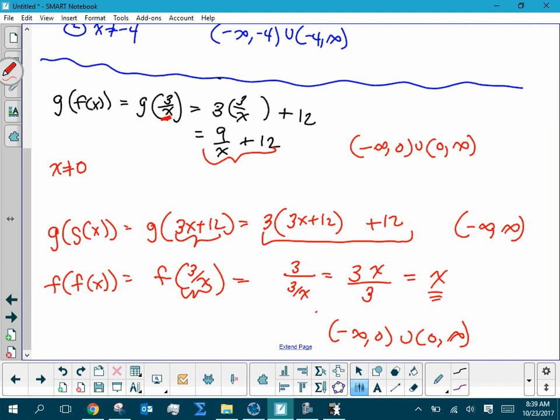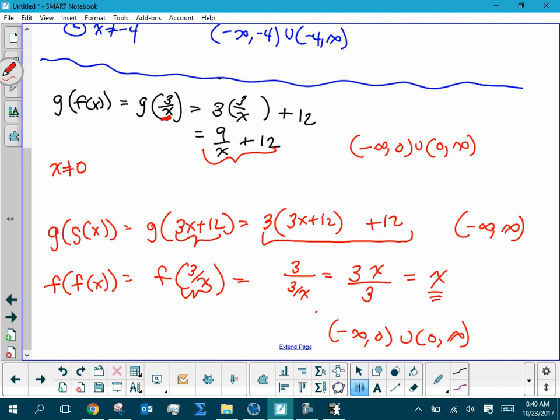Yes? Is there a reason you didn't distribute 3 into your parentheses? Just being lazy. Yeah, so you can go 9X plus 36 plus 12 if you want to, and add 36 and 12. Yeah. And I would think, because I don't know if they give you specific instructions on WebAssign to simplify, they'd probably accept that, the way I've got there.